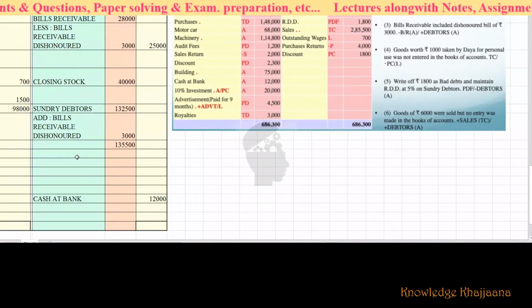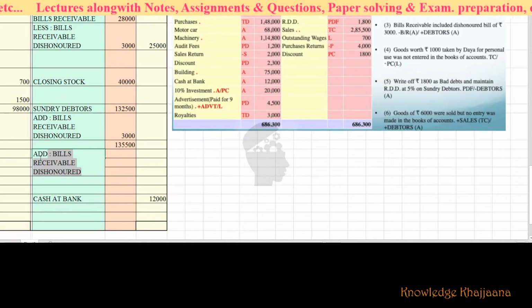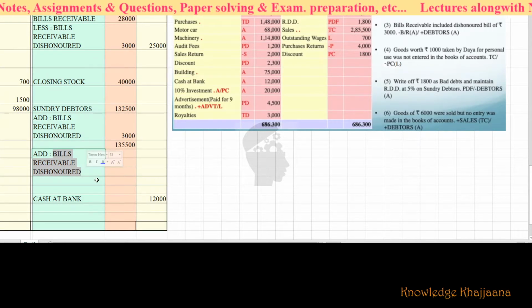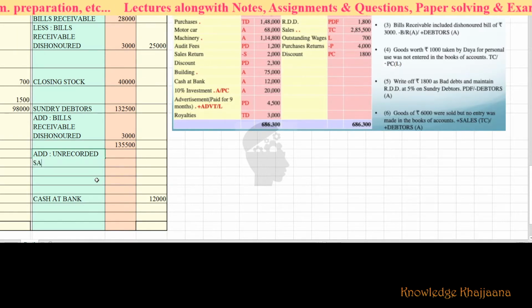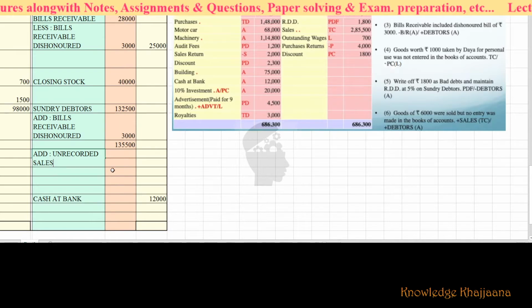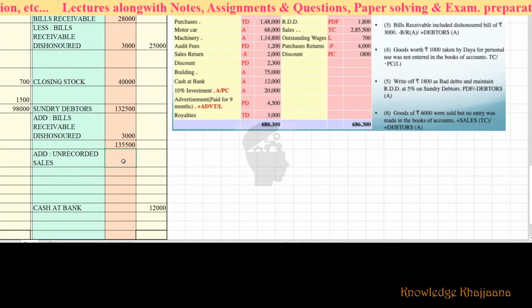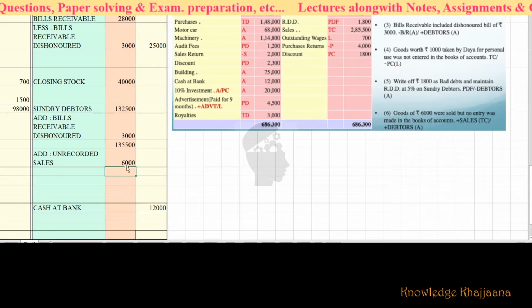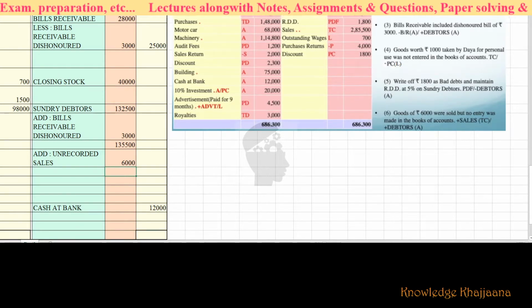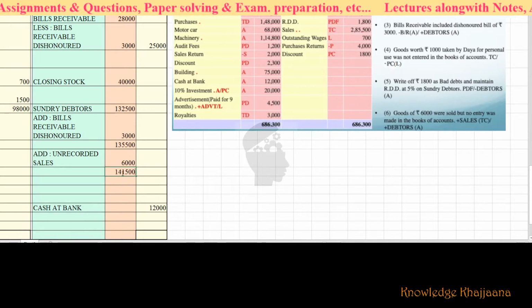Sundry debtors we will add unrecorded sales. What I had told, other adjustments first. Okay, in sundry debtors these are the other adjustments. Other adjustments would be done first. So 1,35,500 plus 6,000 is equal to 1,41,500.